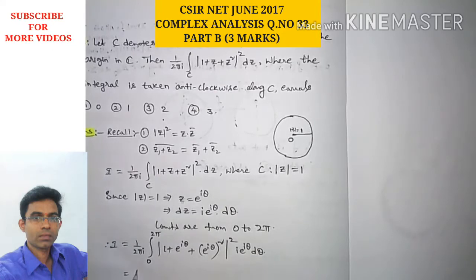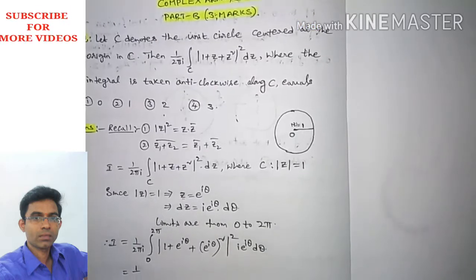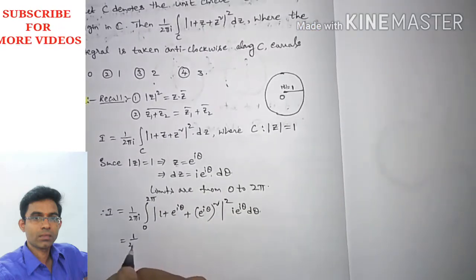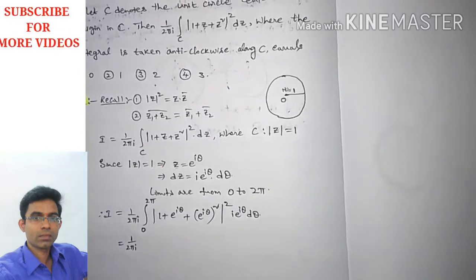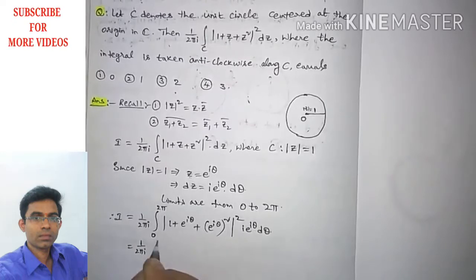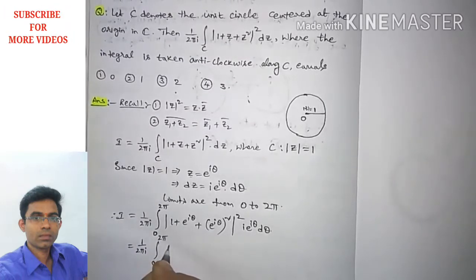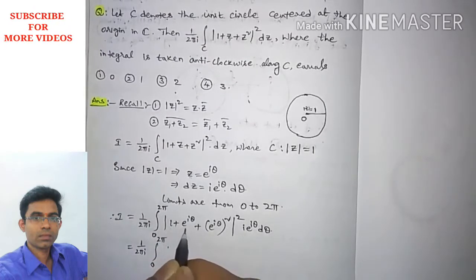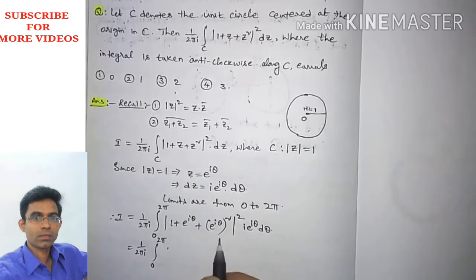So this is equal to 1 by 2 pi i into the integral from 0 to 2 pi. Here z is equal to 1 plus e power i theta plus e power i theta whole square.